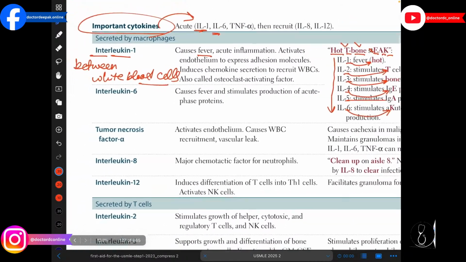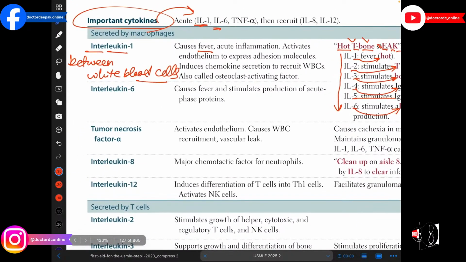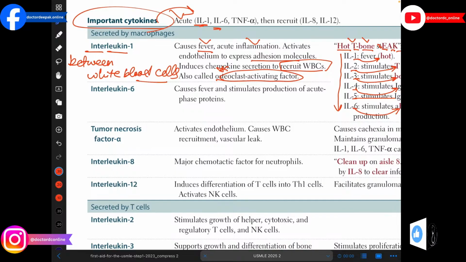And secondly, let's elaborate on the first interleukin, which you already know causes fever and acute inflammation. It activates the endothelium to express adhesion molecules, induces chemokine secretion to recruit the WBCs, and is also called osteoclast activating factor. Interleukin 1 is an acute phase cytokine, and it causes basically fever.